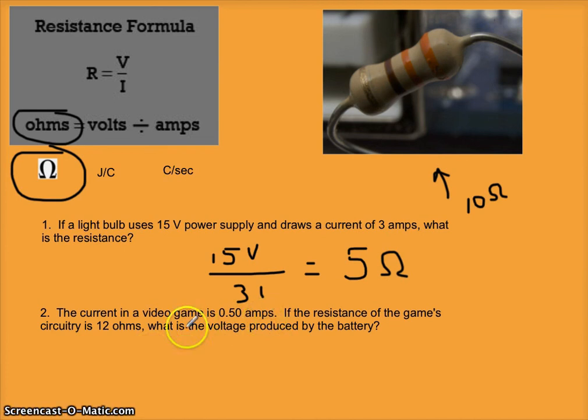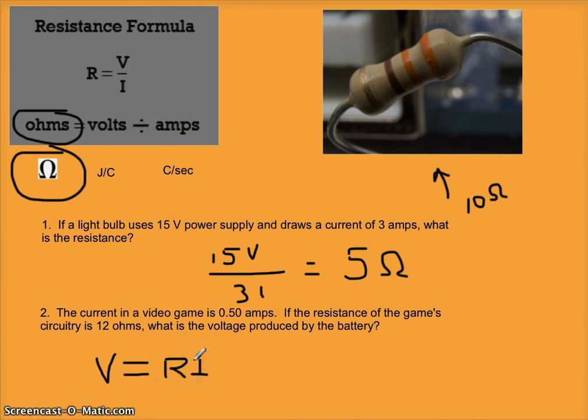Now in this case you are given ohms and you are given amps. So if you're given ohms and amps, what have you not got? You do not have volts. So in this case you'll have to solve for volts, and since we've done this many times, it will be easy to see that volts is going to be the resistance times the amps.